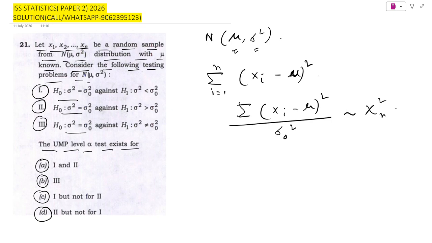Therefore, for one-sided alternatives, such as sigma square less than sigma 0 square or sigma square greater than sigma 0 square, UMP exists.